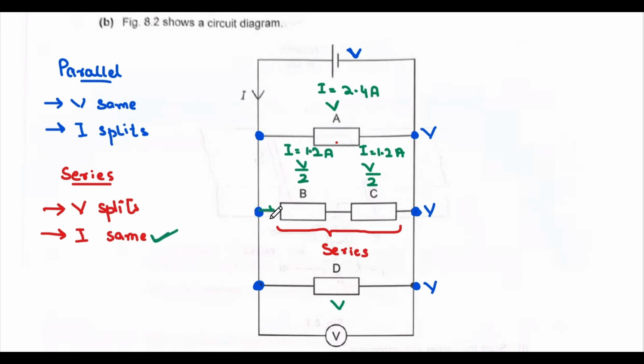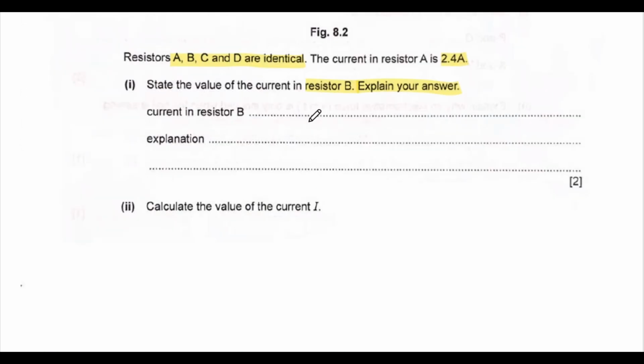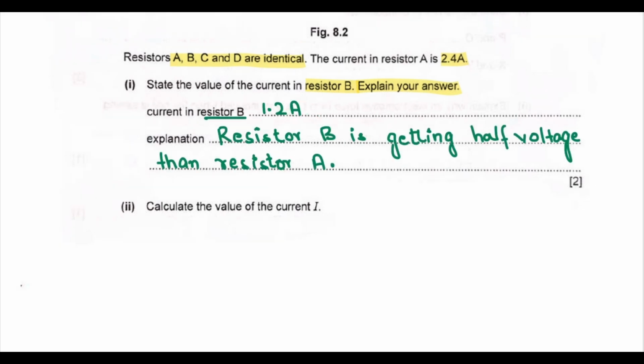That means this complete junction is receiving 1.2 amperes, and the junction above, with resistor A, is having 2.4 amperes from the total current, and the last junction would also receive 2.4 amperes. So the answer to the first question is 1.2 amperes, and the explanation is resistor B is getting half the voltage of resistor A, so its current would also be half.